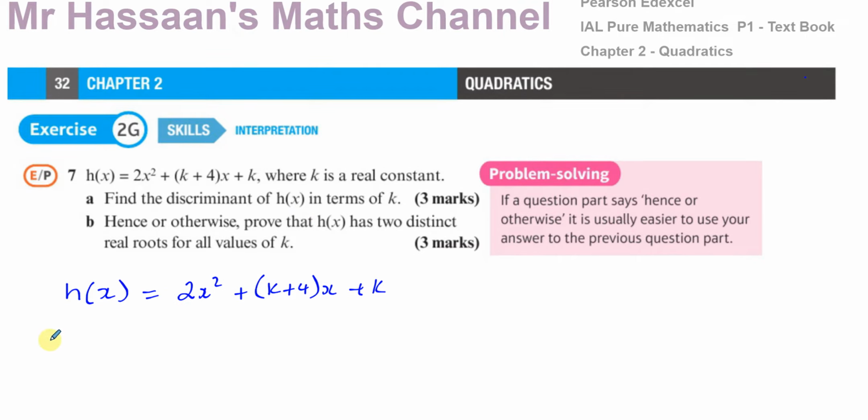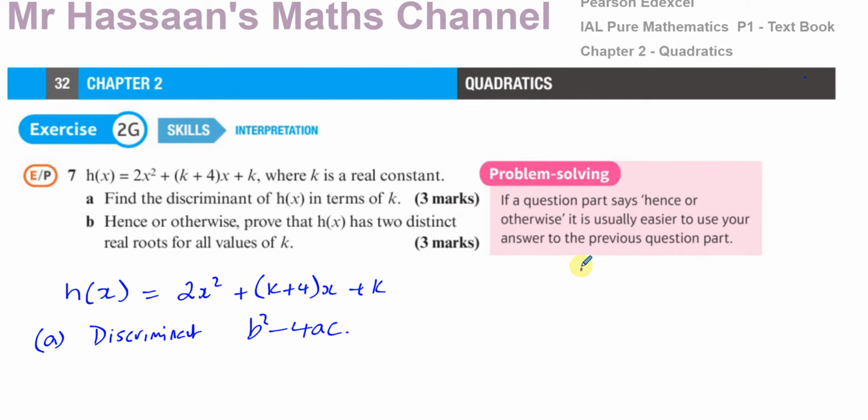So for part A, the discriminant of a function is given by b squared minus 4ac.